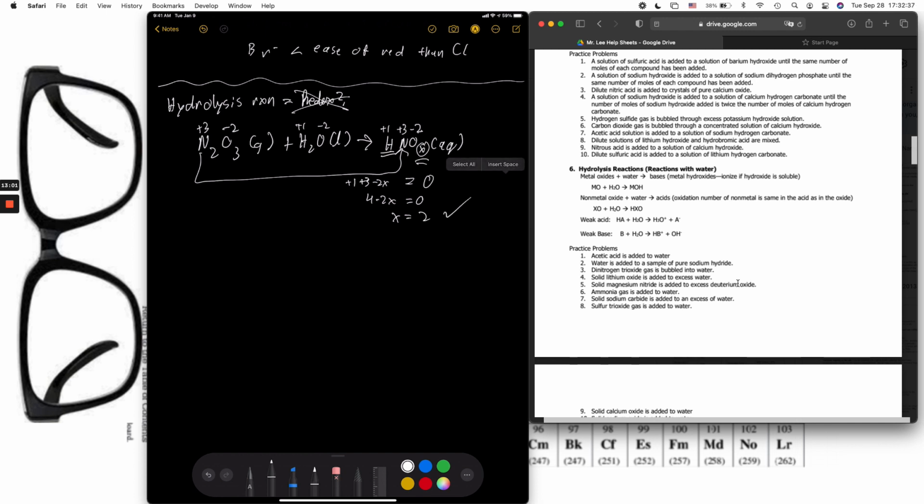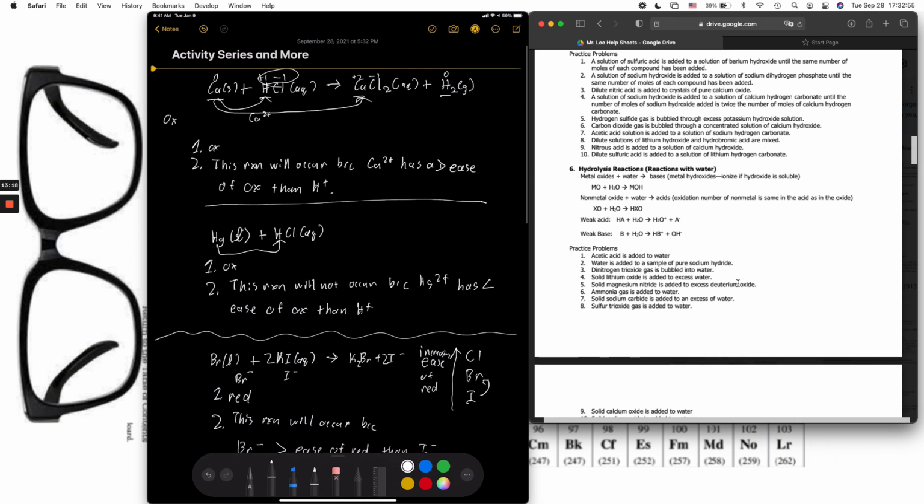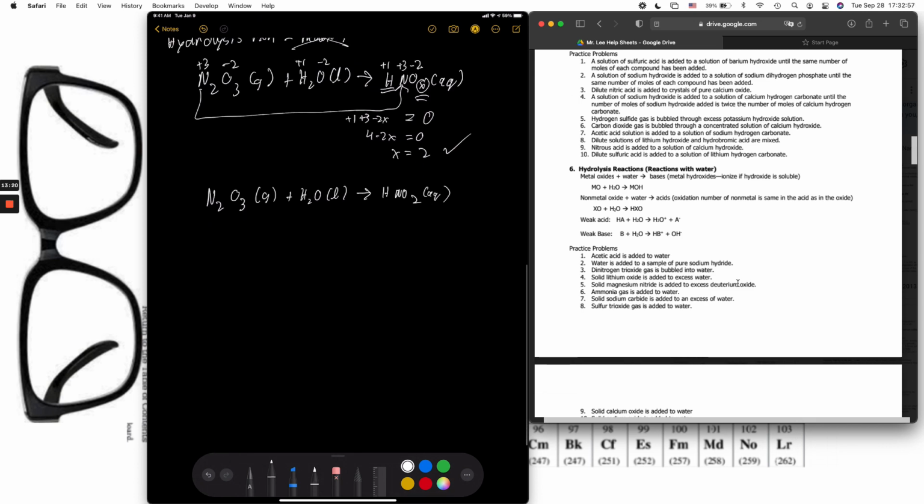That checks out. So then, your final reaction will be N2O3 gas plus H2O liquid yields HNO2 aqueous. And so that was using the same oxidation numbers, but just in a different way.